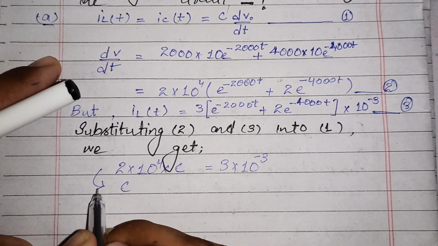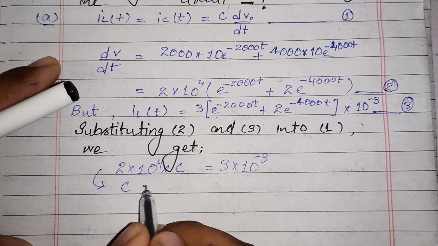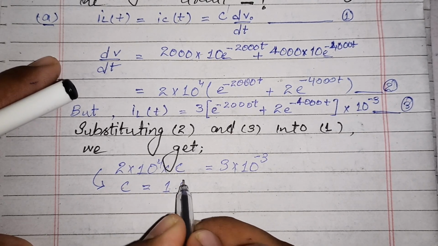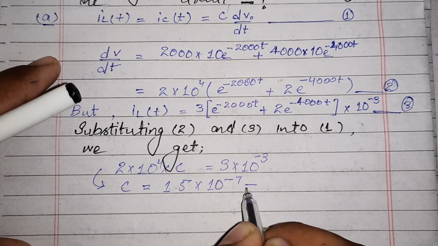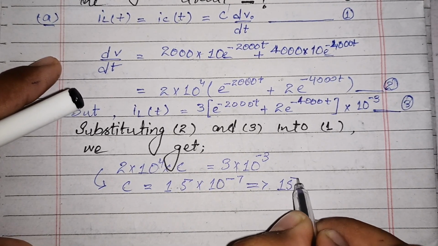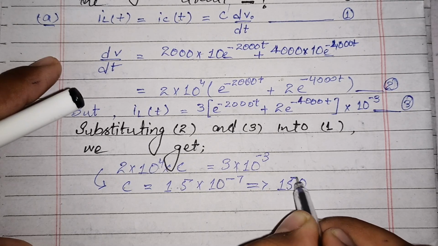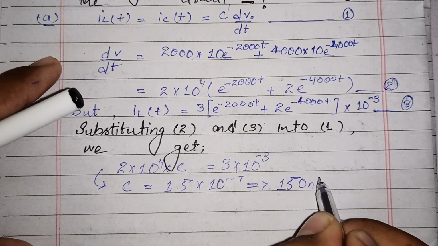Hence, from this, C is equal to 1.5 times 10 raised to power minus 7. After calculation, it is equal to 150 nanofarad.